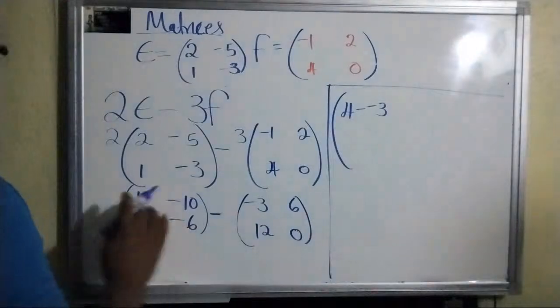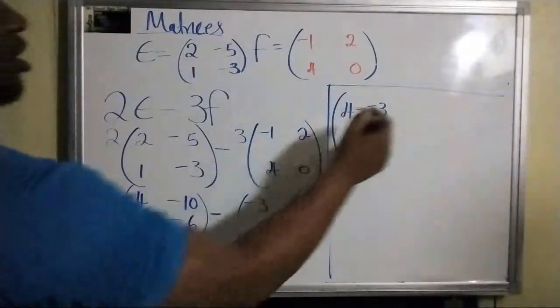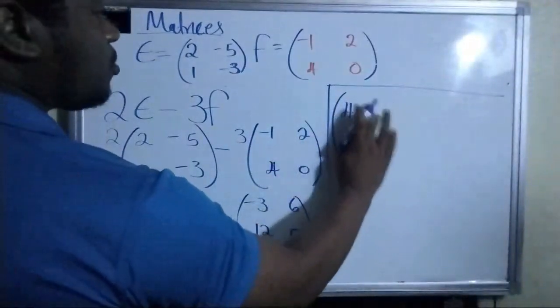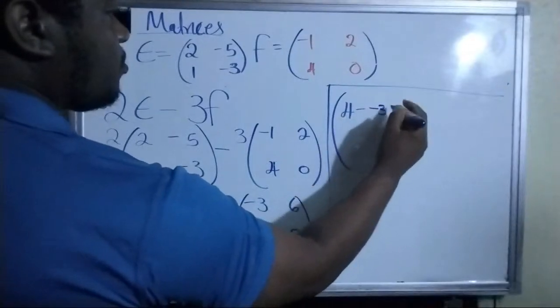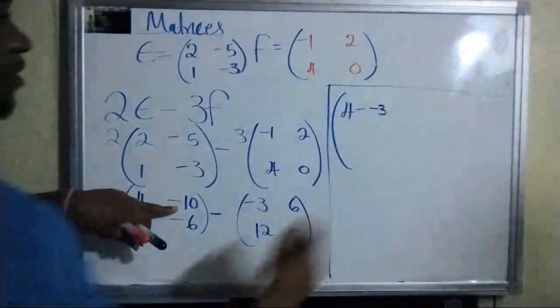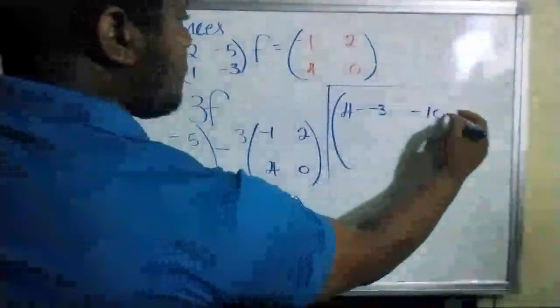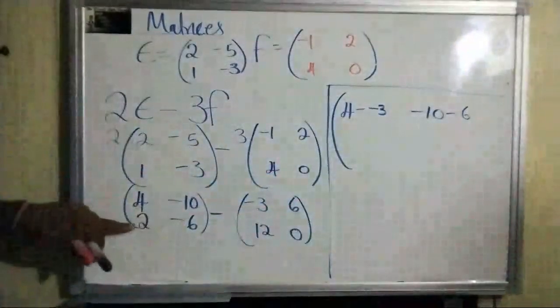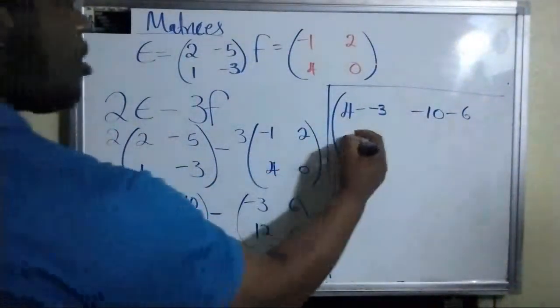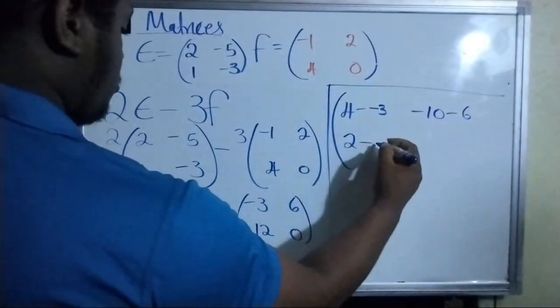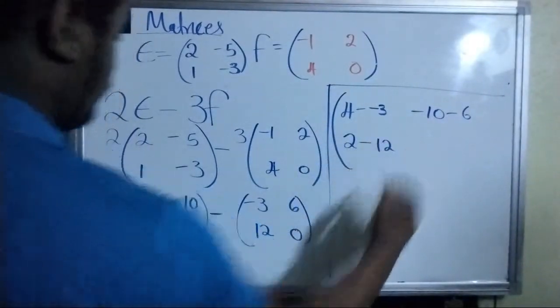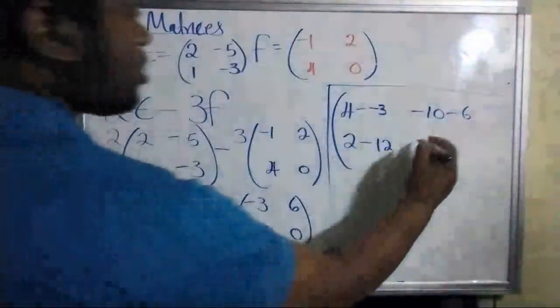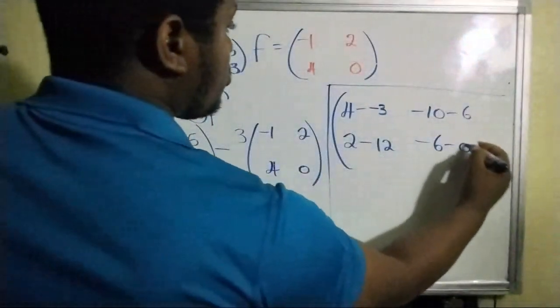If I want to think of it as 4 minus negative 3, that can work also. And then you have negative 10 minus 6, 2 minus 12, and then we have negative 6 minus 0.